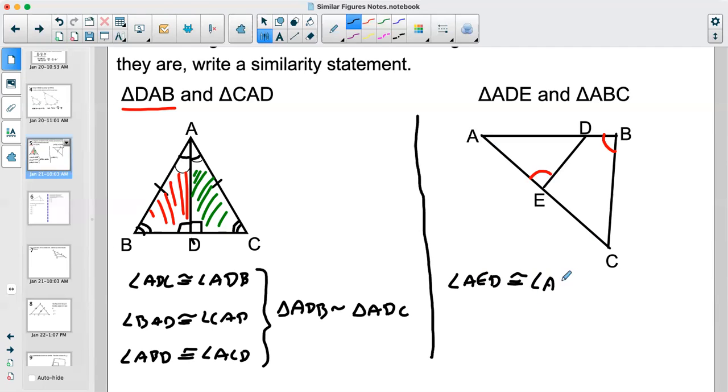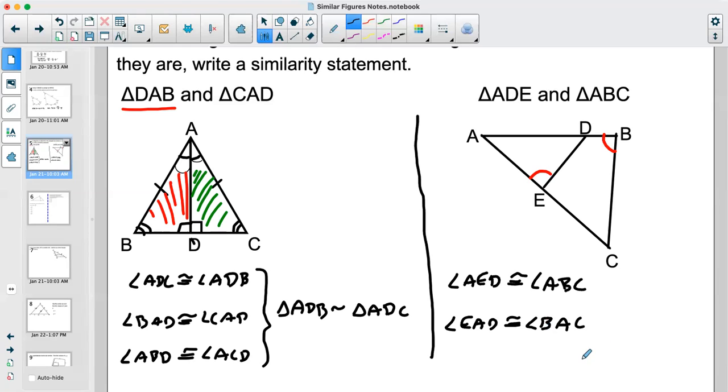And angle A is the same in both of them. Angle A is in both of them. So I can call that EAD maybe. See, E corresponds to B. So EAD and BAC.